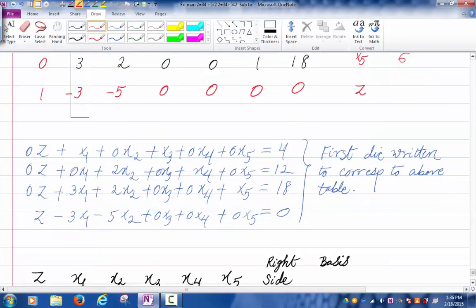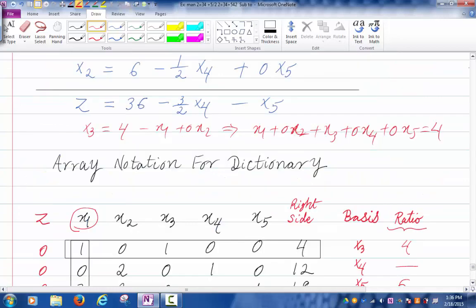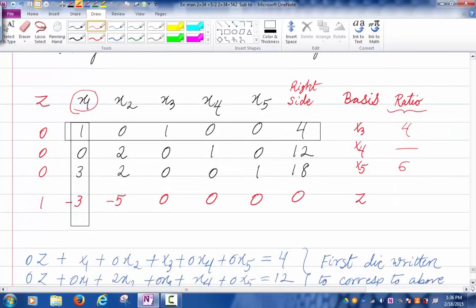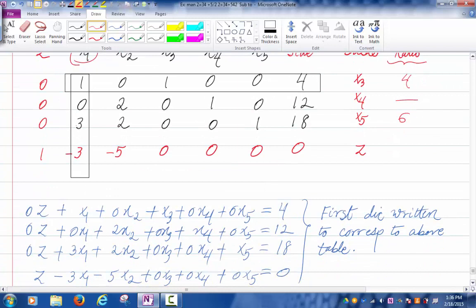So our first dictionary is this one, right? This is how we wrote the dictionary, but we actually wrote X3 is equal to the rest, right? So I rewrote my dictionary by putting all the variables on the left, and on the right hand side I only have the constants. And then if you look at the coefficient matrix of these equations, that's exactly the table I have.